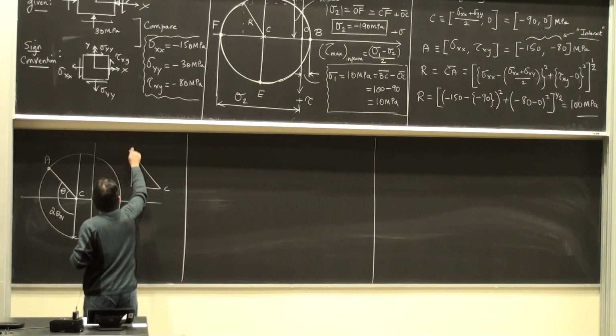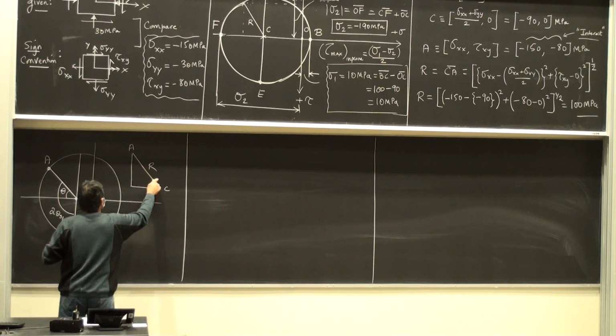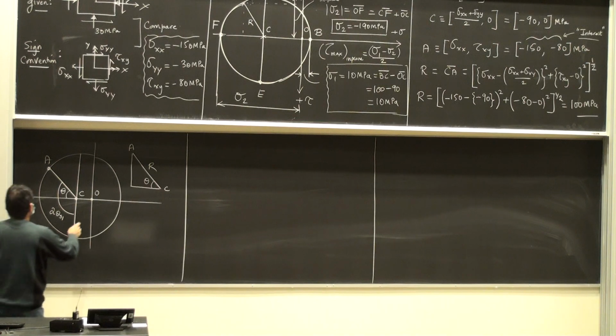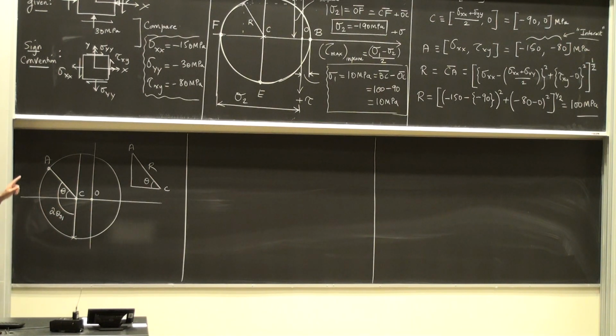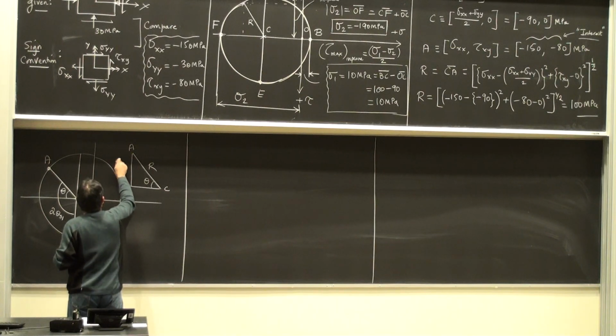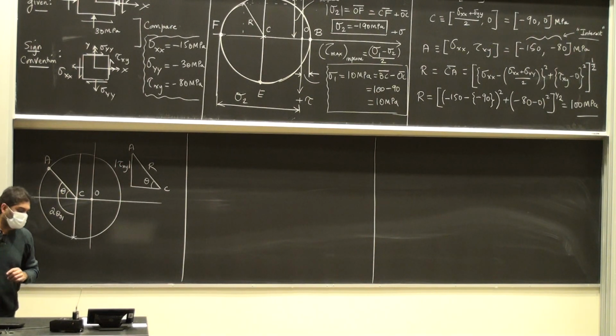This is C, this is A, this is the radius, this is theta. Distance from point O to point A, vertically up, is going to be your shear stress value, which was 80 megapascals, the magnitude of tau xy.